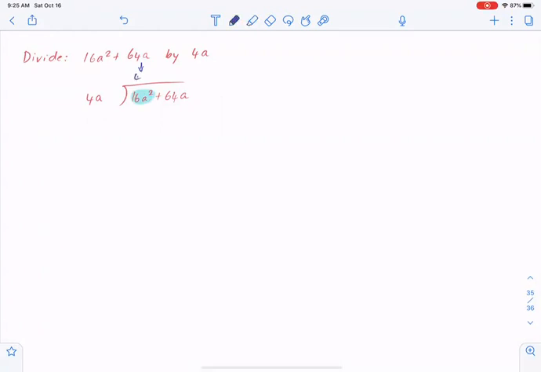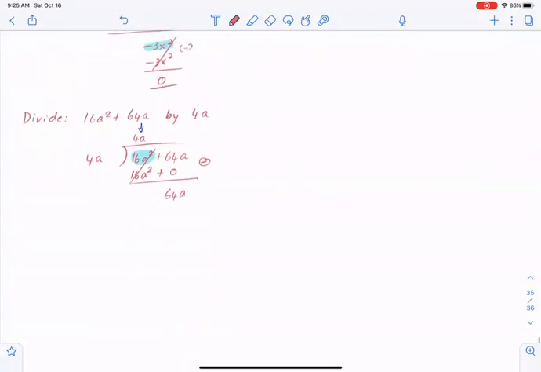So that would be 4a, because 4a times 4a is 16a squared. We always subtract, and I'm just going to throw in 0 there. Those two will get cancelled. 64a minus 0 is 64a.